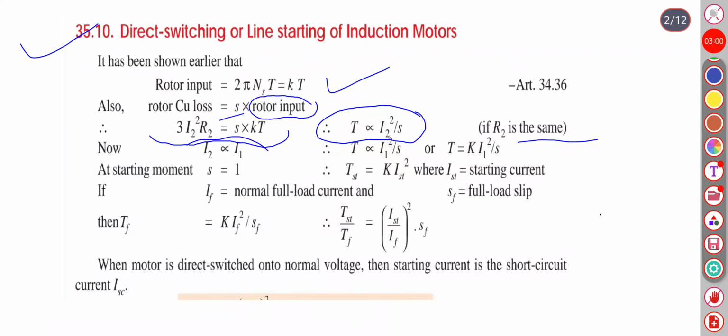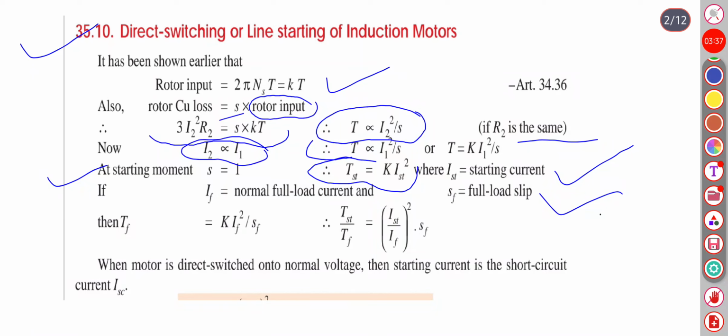Now I2 is proportional to I1, meaning rotor current is proportional to the stator current. Therefore, torque is proportional to the stator current square by slip. Assuming S equals 1 at the starting moment, torque at starting will become K I_ST square, where I_ST is the starting current and S_F is the full load slip.